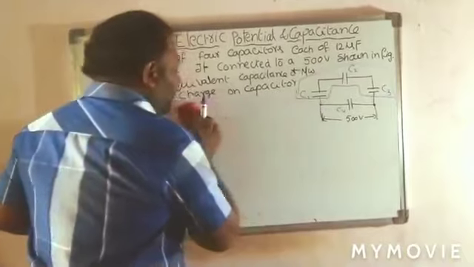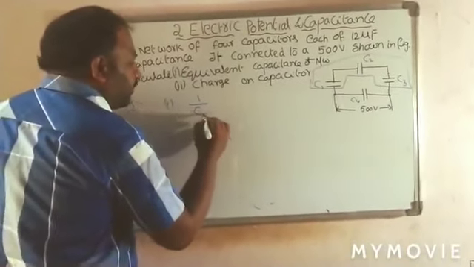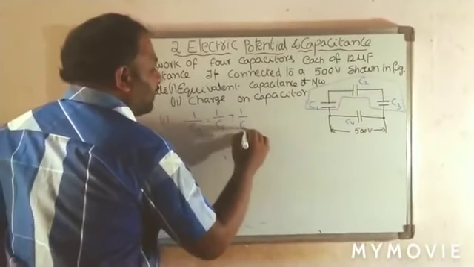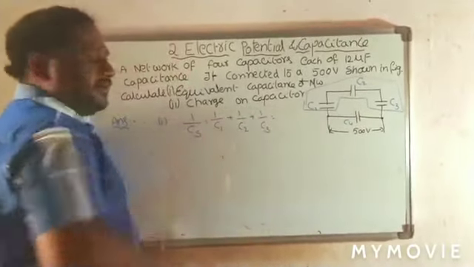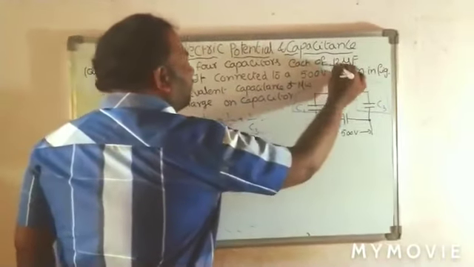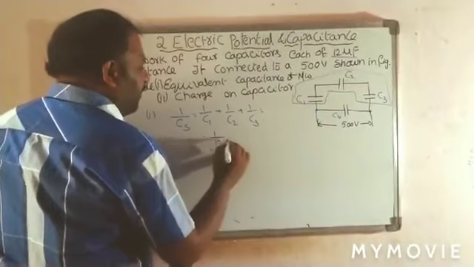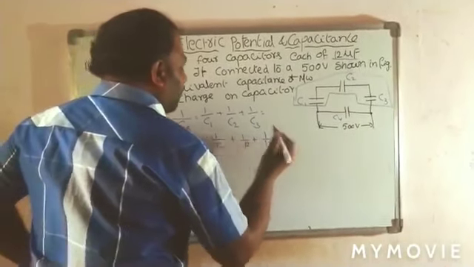So first we calculate the series combination. The formula is 1 by CS is equal to 1 by C1 plus 1 by C2 plus 1 by C3. Each capacitor has the value 12 microfarad, so this is 1 by 12 plus 1 by 12 plus 1 by 12.